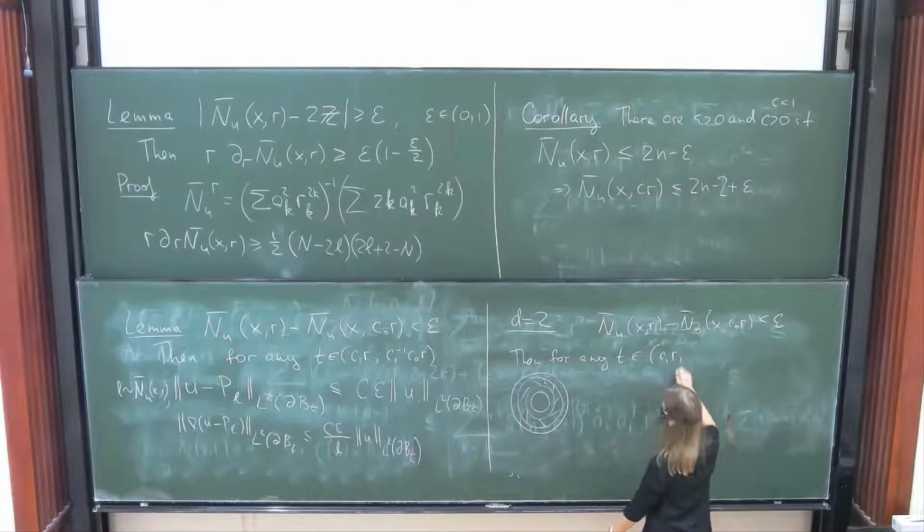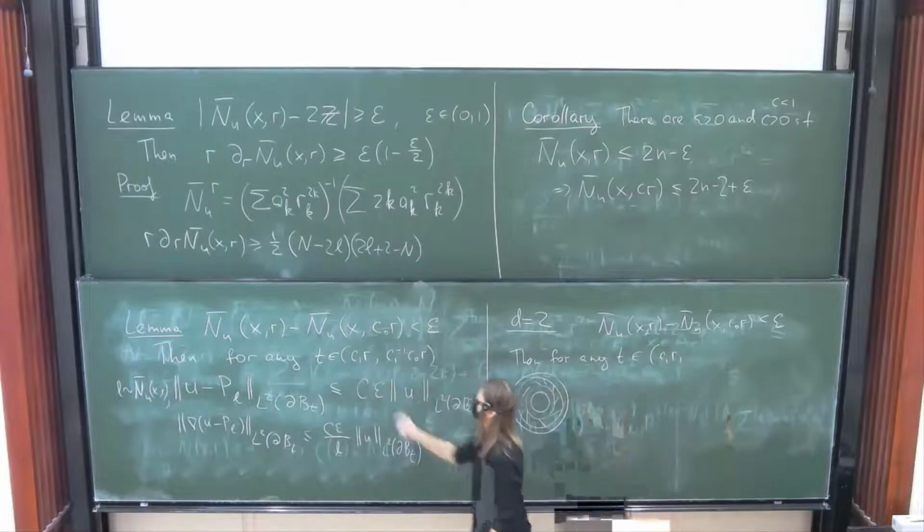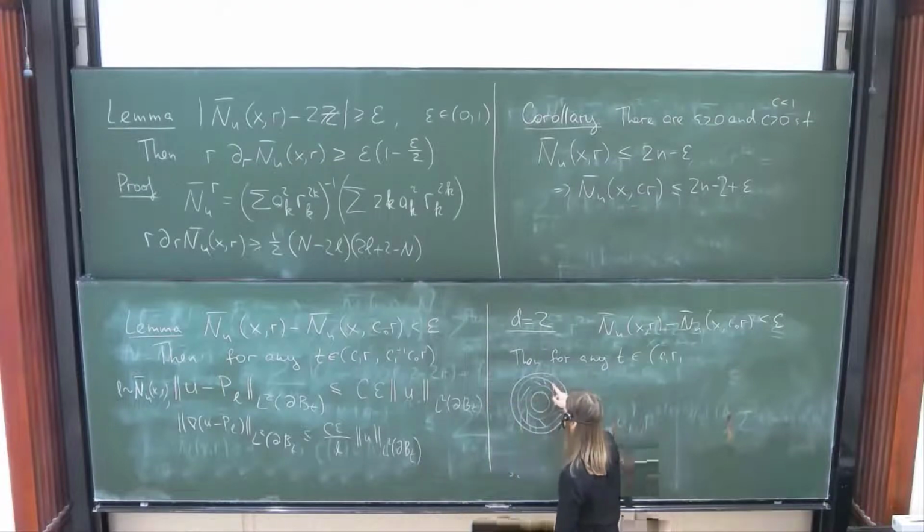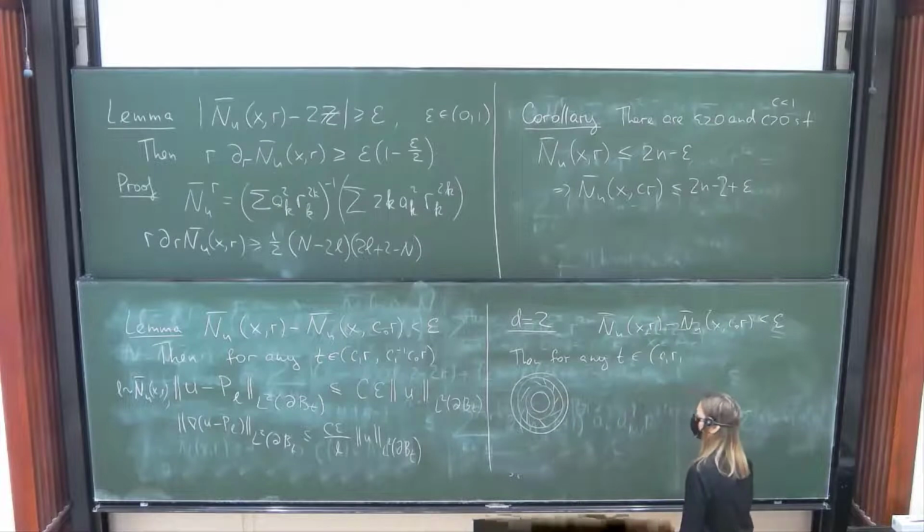It's what I tried to write over here. So this is C1 R, this is C0, yeah.